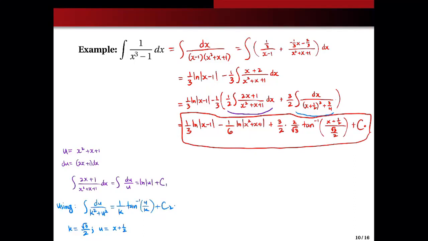So look, although the integral here looks simple, 1 over x cubed minus 1, it's really, really simple, but the solution takes a lot of work. So this is for case number 3.